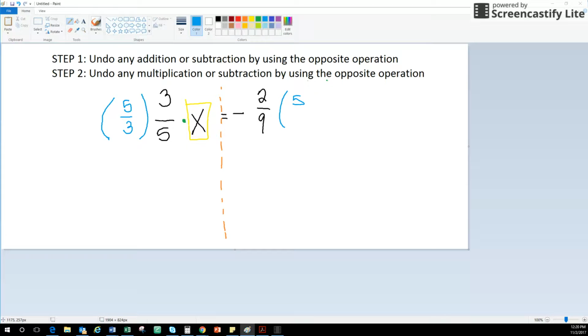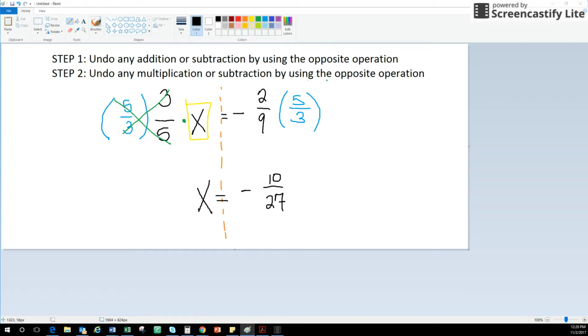I do that, and these guys will cancel off, leaving me just the x. I have a negative number times a positive, so my answer will be negative, and it's multiplication. So all I need to do is multiply straight across. 2 times 5 is 10. 9 times 3 is 27. So this answer would be negative 10 over 27.